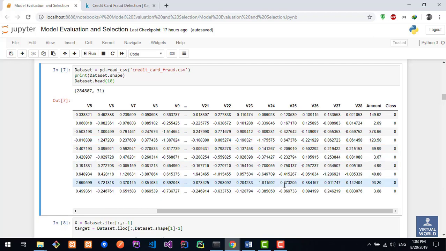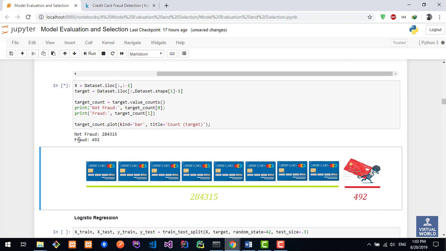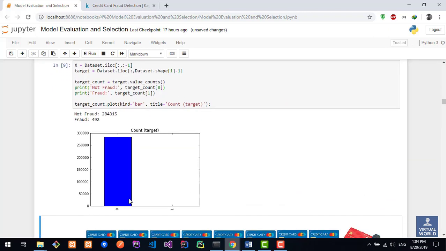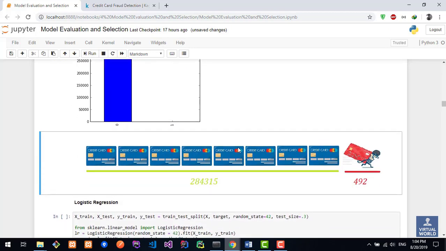But now, let's look at the distribution of values among the two classes. We can see that this dataset is highly unbalanced. We have over 284,000 instances belonging to the not fraud class, and only 492 belonging to the fraud class.